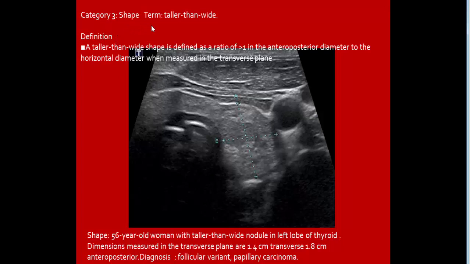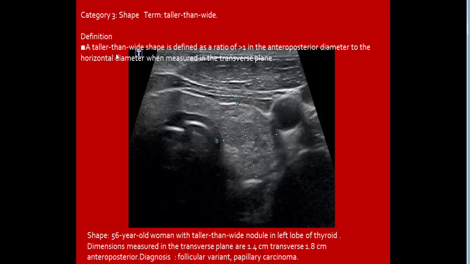Third category is shape, the term taller than wide. Taller than wide shape is defined as a ratio of more than 1 of the AP diameter to the horizontal diameter when measured in the transverse plane. We find the AP dimension to transverse dimension is more than 1, meaning that the AP dimension is longer than the transverse dimension.